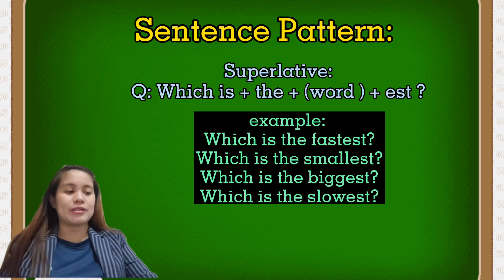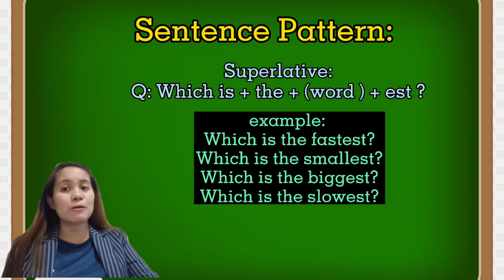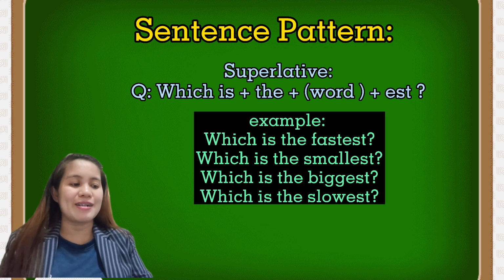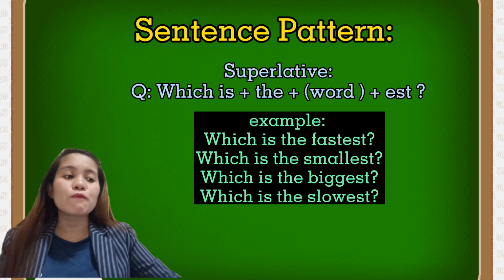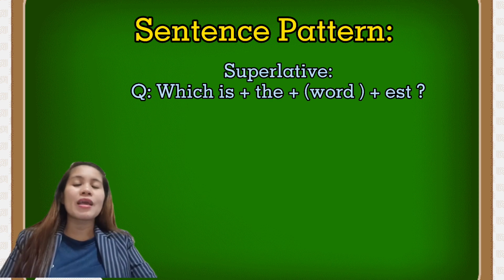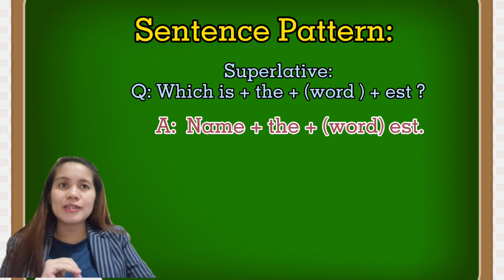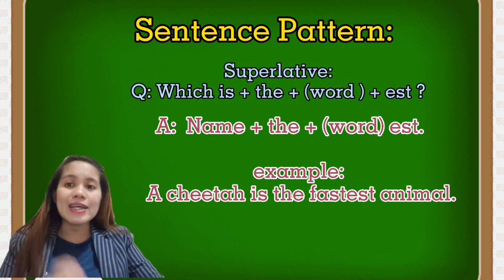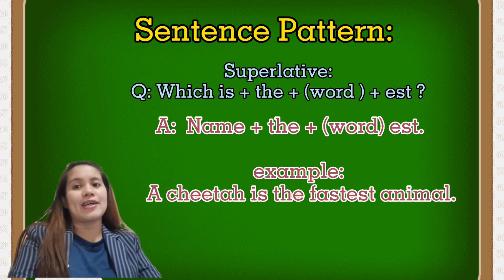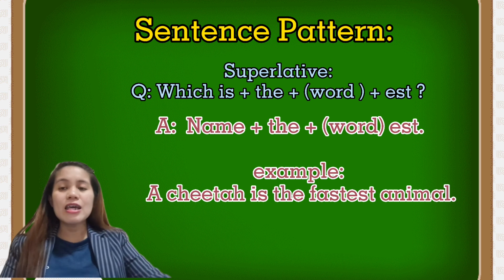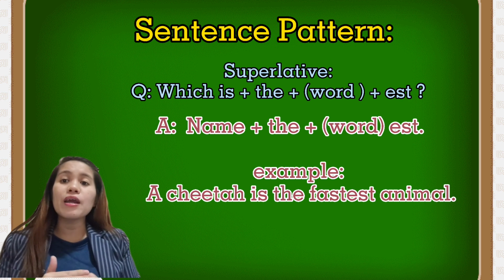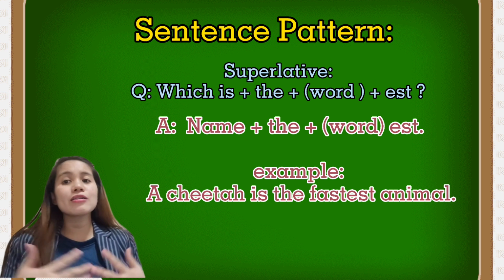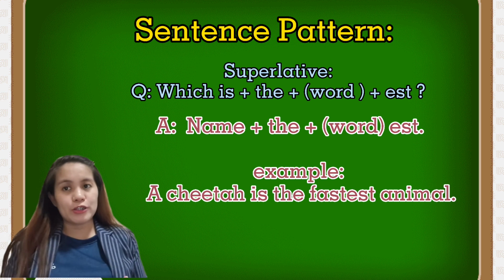We use animals because we compare animals. And then the answer for the superlative, we have the name of the animal. You can say cheetah is the fastest animal. So that is when you answer a superlative question.